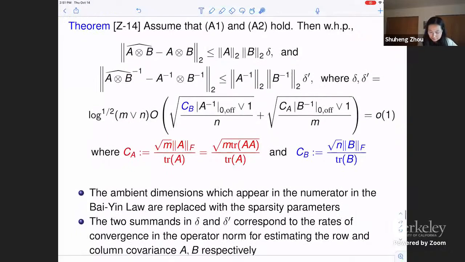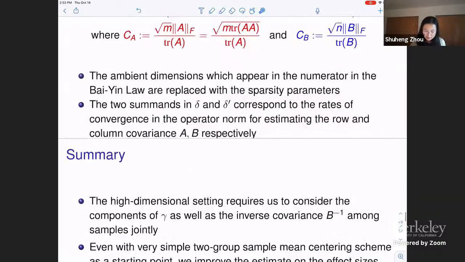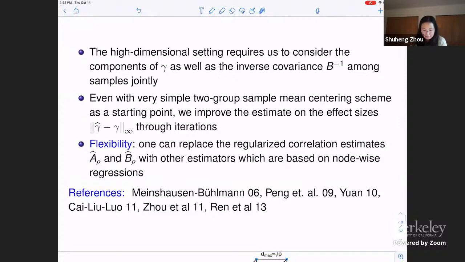If you are familiar with the randomization theory, this is the classical bias law, where we have a dimension of n over m or m over n inside the square root. Those are replaced by the corresponding sparsity parameters. And these two summands correspond to the convergence rates for estimating A and B, as I mentioned already.